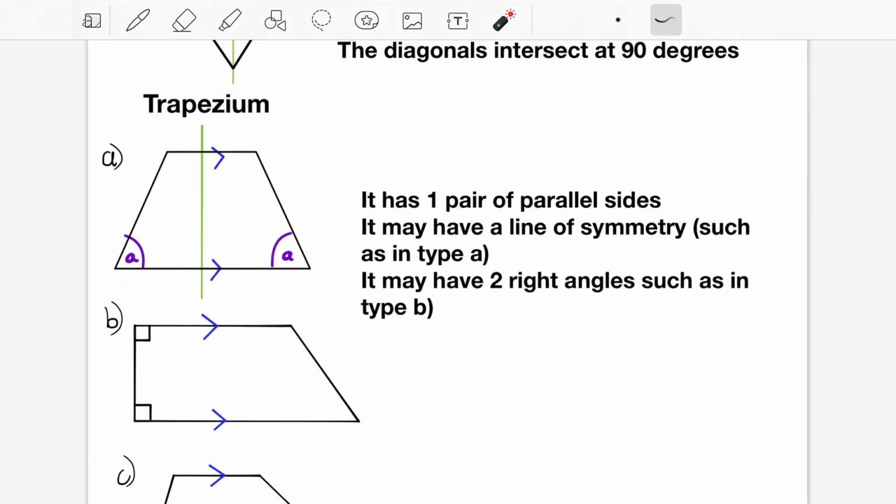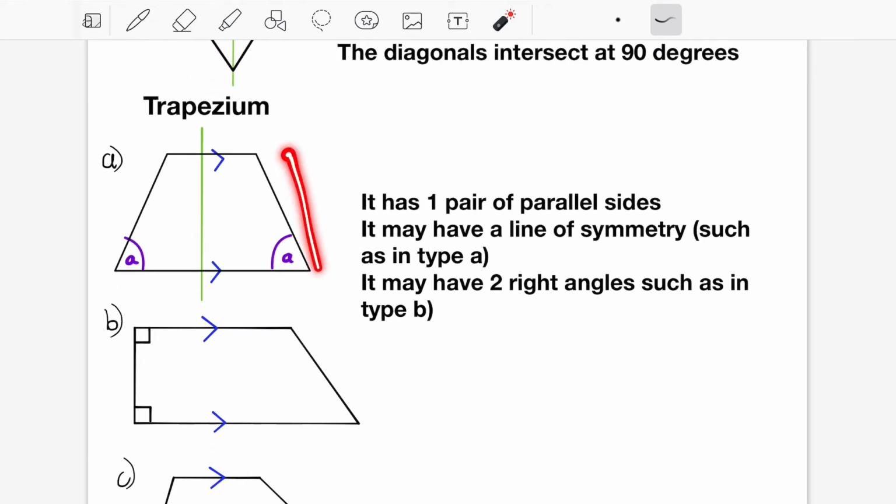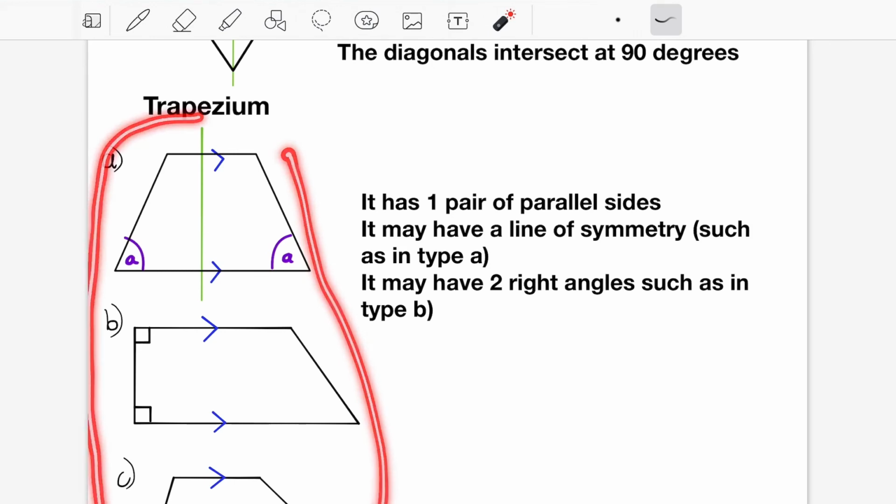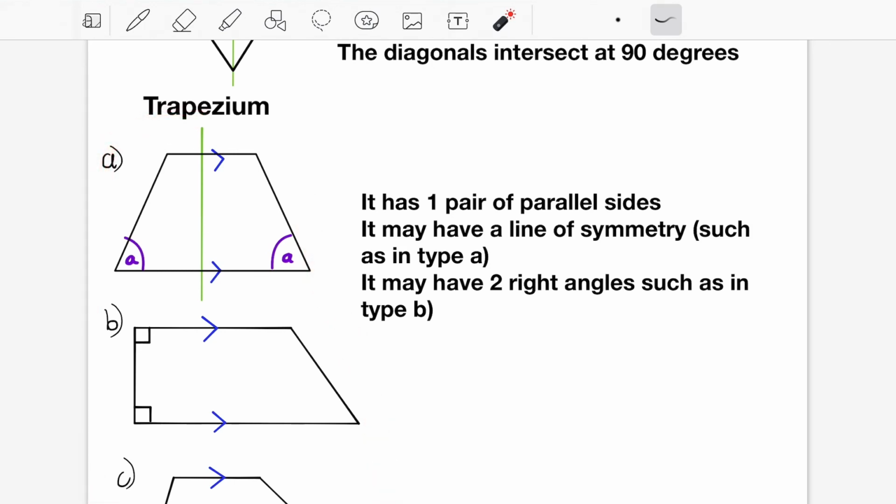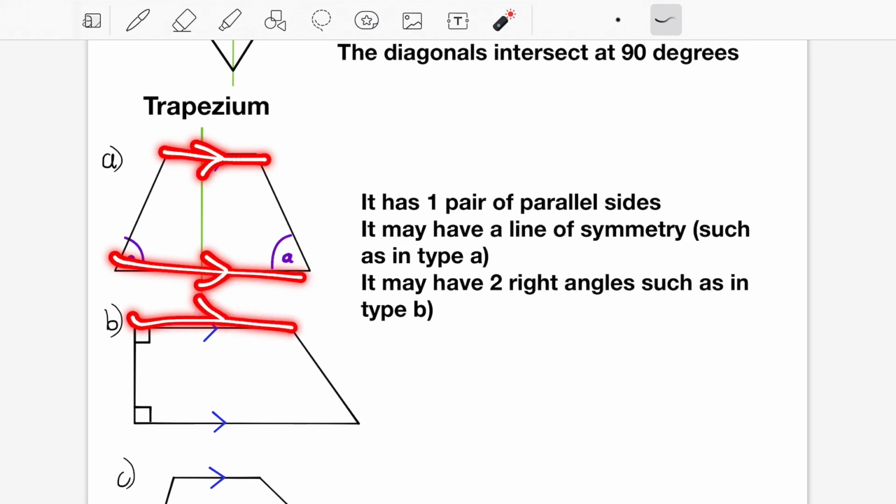A trapezium. Here we have 3 different types of trapeziums. What is common with all of them is that all of them have one pair of parallel sides.